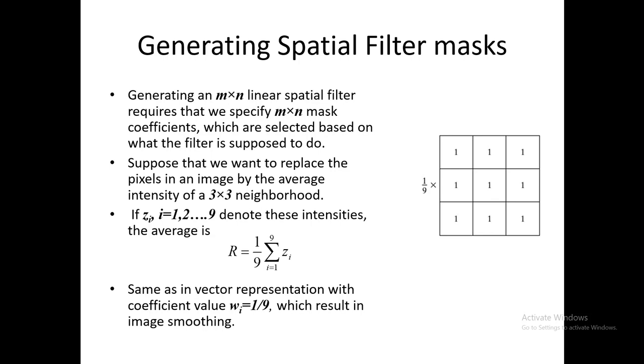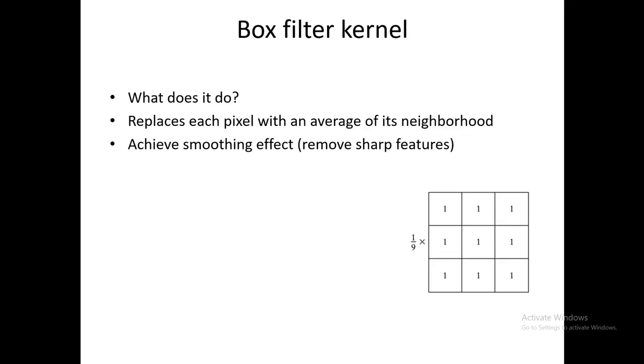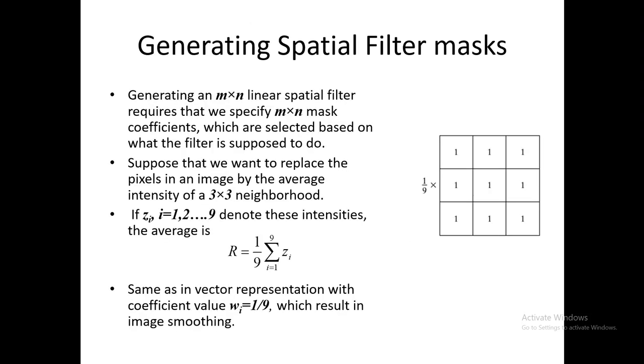So here we define the mask coefficients with the ratio of 1 and 9, or the ratio of 1 and the filter size. This type of filter is also known as a smoothing box filter, or average filter, or mean filter. It's a very widely used smoothing filter.